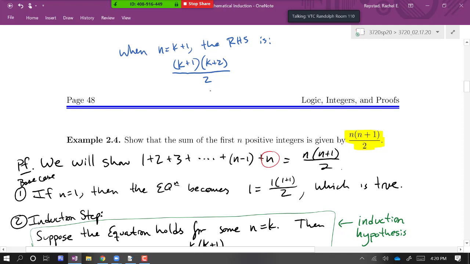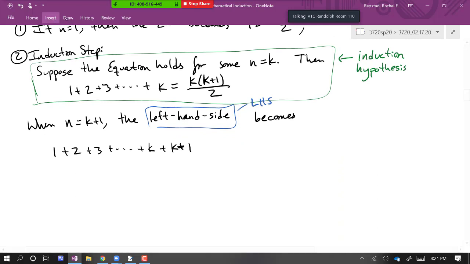I put that off to the side. That's for me, so I know what the right-hand side looks like. When I'm done doing some algebra and using my induction hypothesis, if I arrive at something that looks like that, I get to say that's what the right-hand side is when n is k plus 1, and then we're just about done. So down here, we're going to use our induction hypothesis.